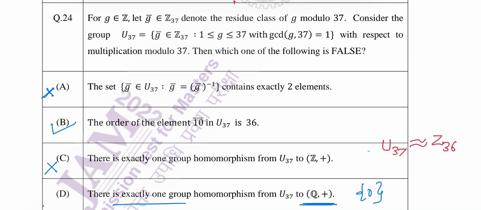So the statement that there is exactly one group homomorphism is correct. Since the statement is correct, this option should not be marked in the examination hall.